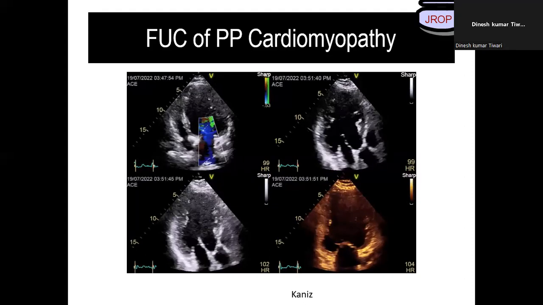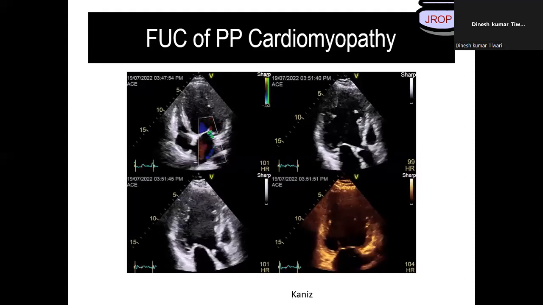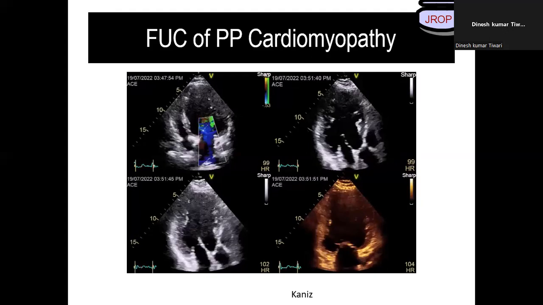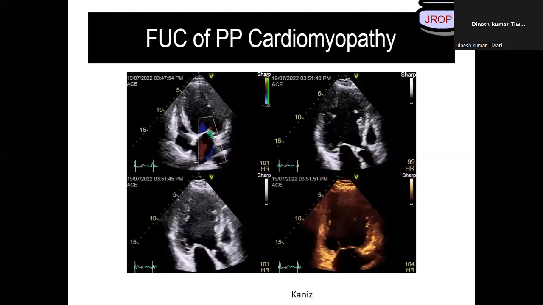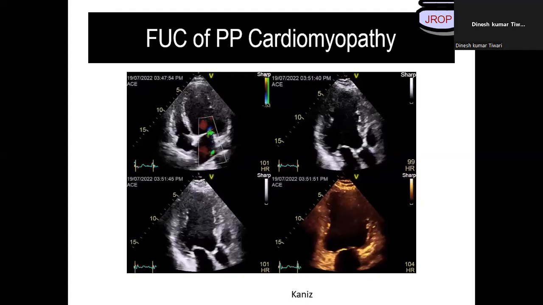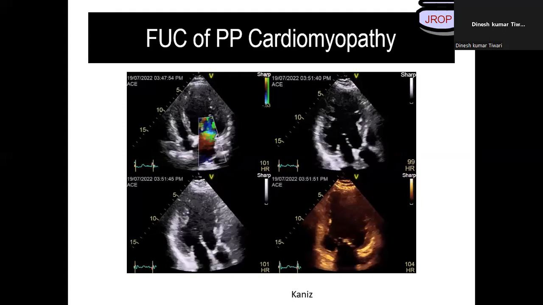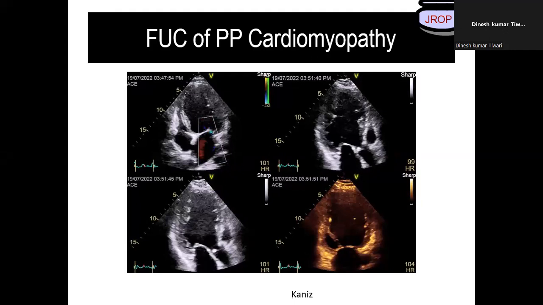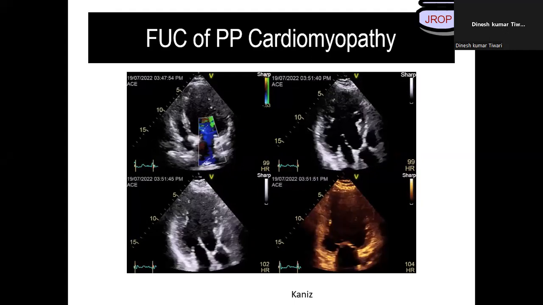In the first four-chamber view, there is a dilated left ventricle, moderate MR, and there seems to be global hypokinesia.